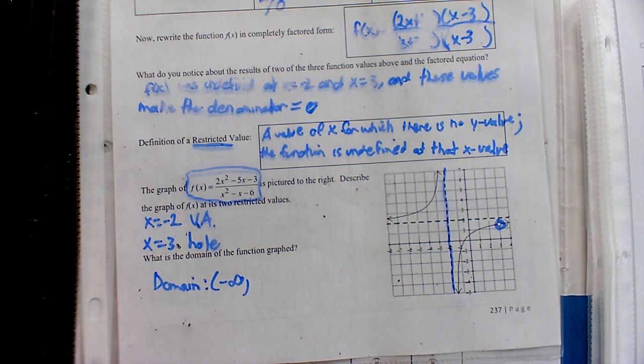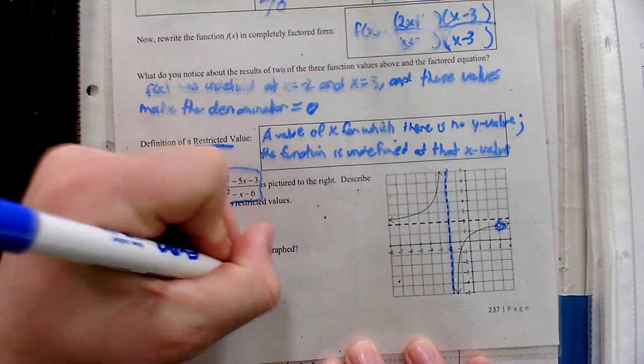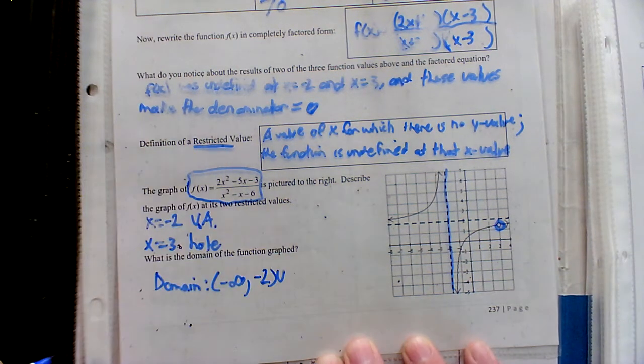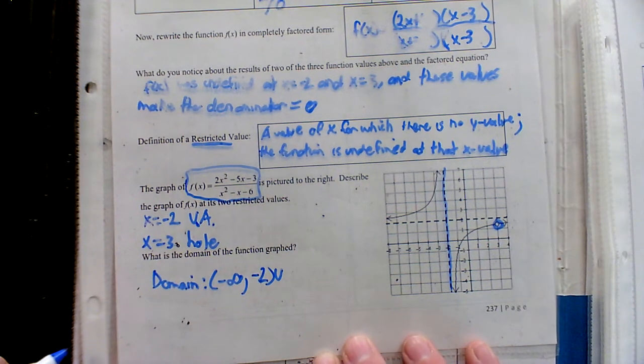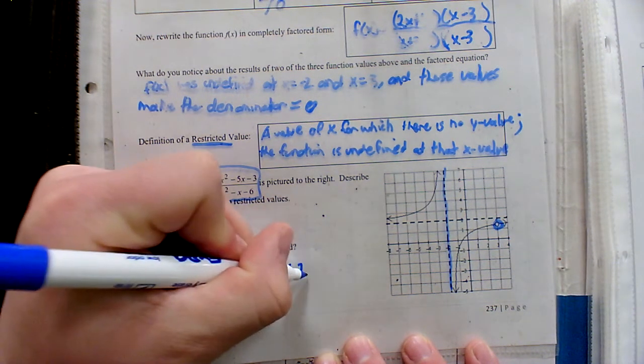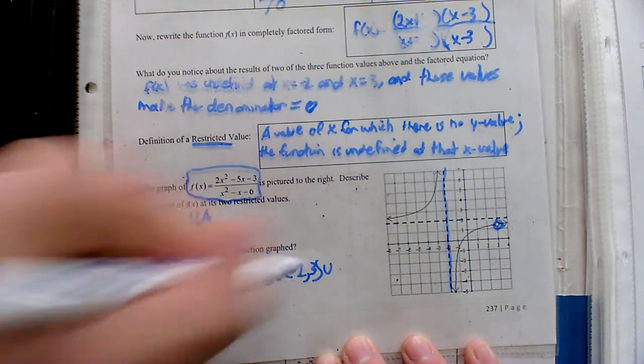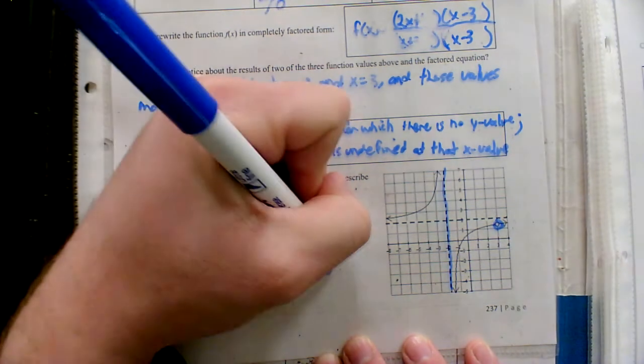We go from negative infinity to what? Negative 2. Then from where to where? Negative 2 to 3. And lastly, we go from 3 to infinity.